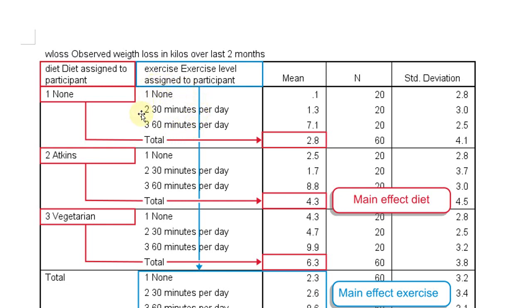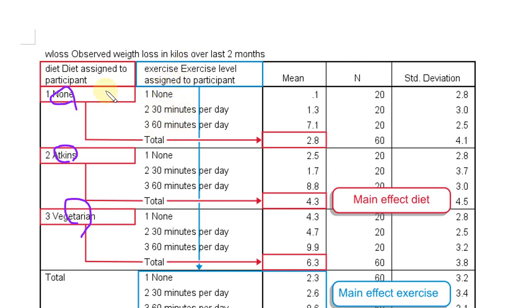And then you can see that they are combined together. This one, this one. Okay, you can see it. This is for your easy understanding. This picture is very important, right? This is the diet assigned to the participant, the diet. And then we also have 3 types of exercise.